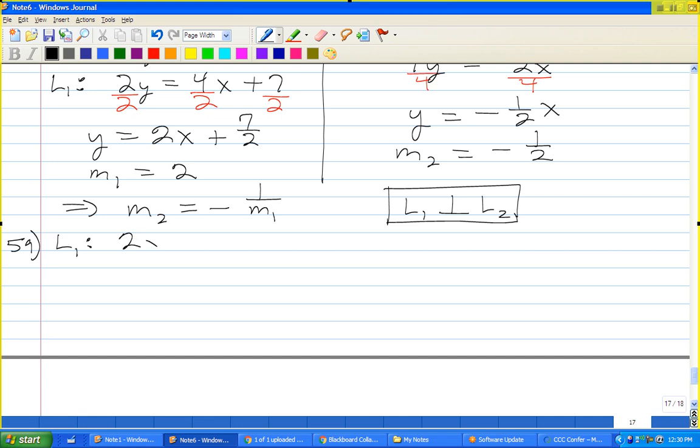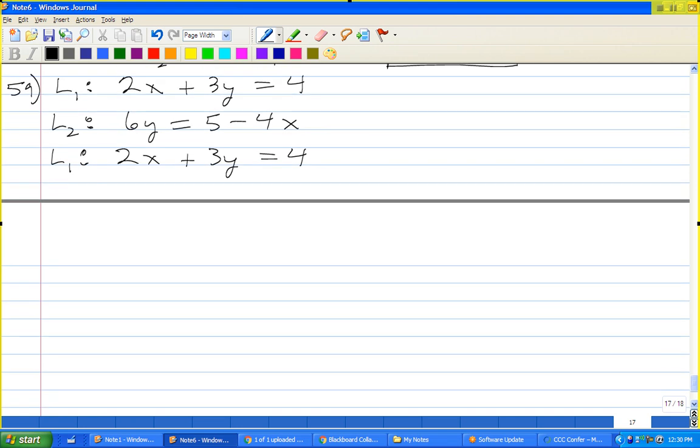2x plus 3y equals 4. 59. 6y equals 5 minus 4x. So let's first solve for L1. Let's find the slope of this first line. First I want to isolate y on one side of my equation.